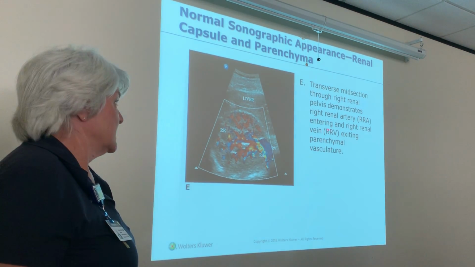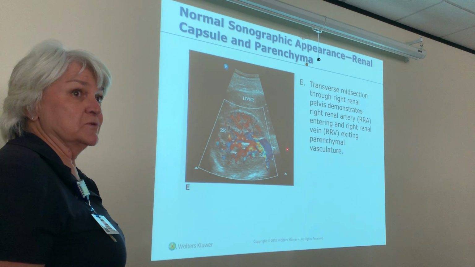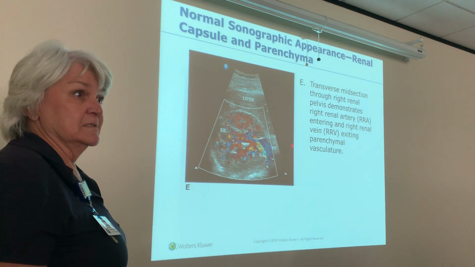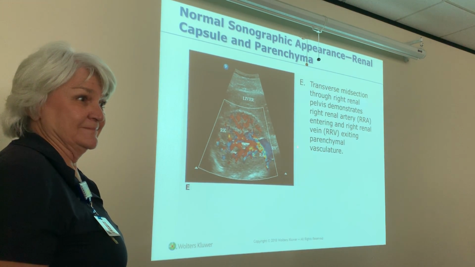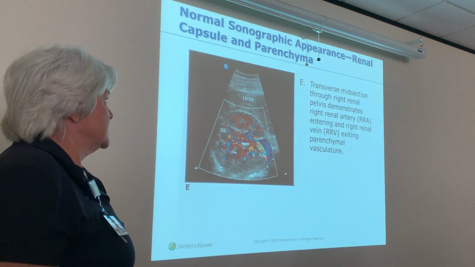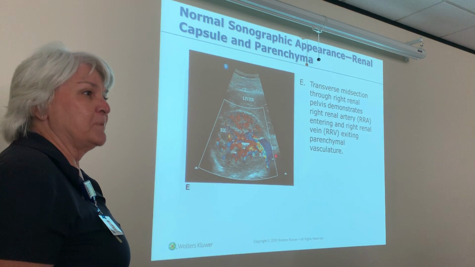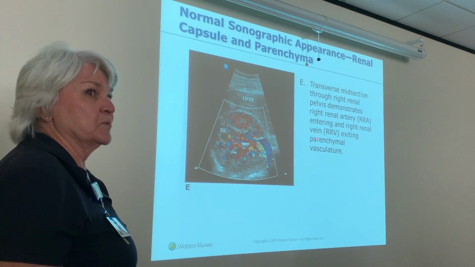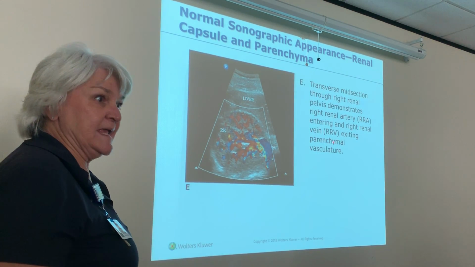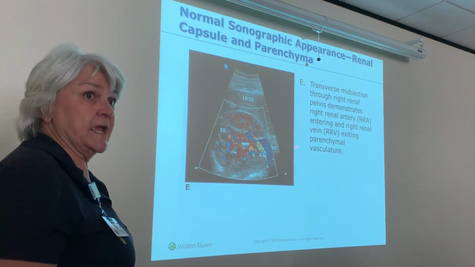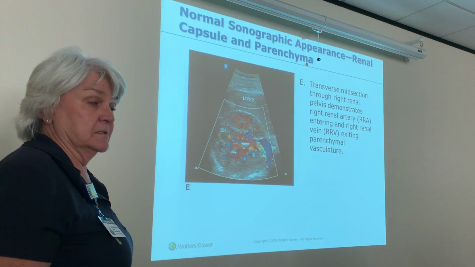But if I tell the doctor this is my renal vein, he's going to believe it. So the renal artery is posterior, the renal vein is anterior. So I've got a pretty good guess going here, right?